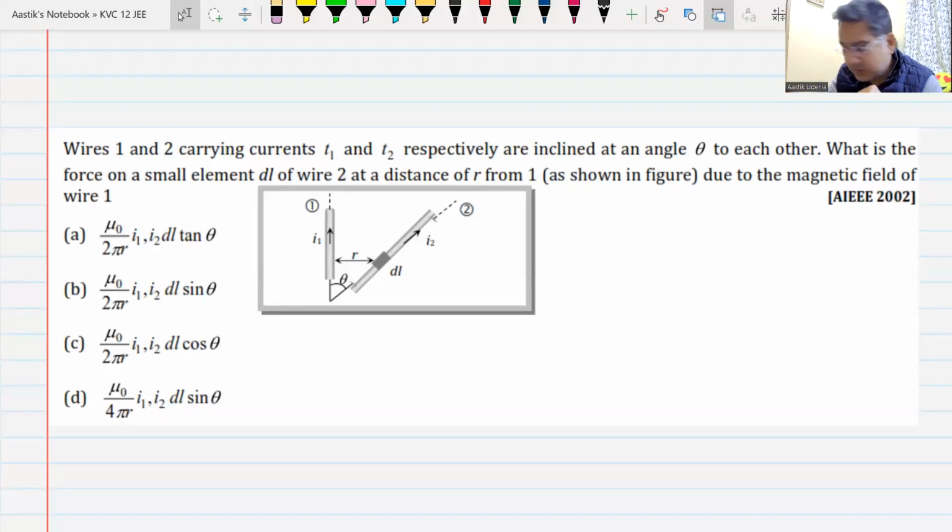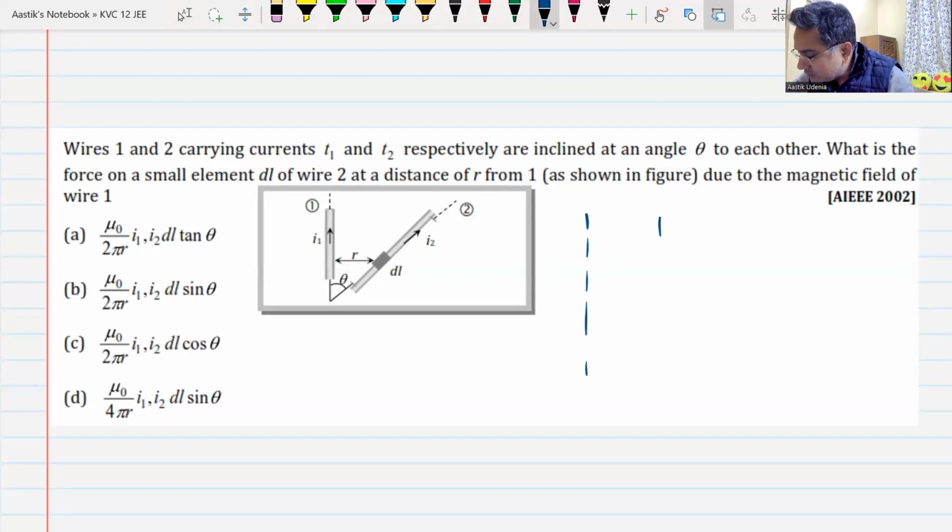How did you get option B? How are you supposed to find this? If you remember, we had calculated a formula for the magnetic field between two parallel wires separated by a distance of r.